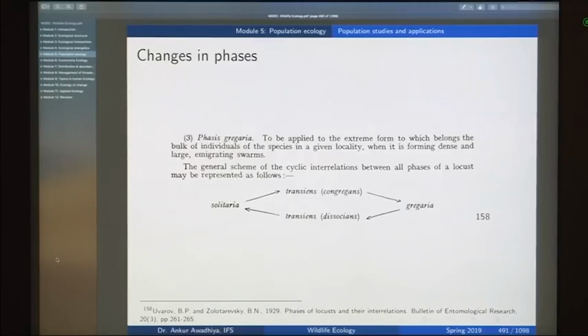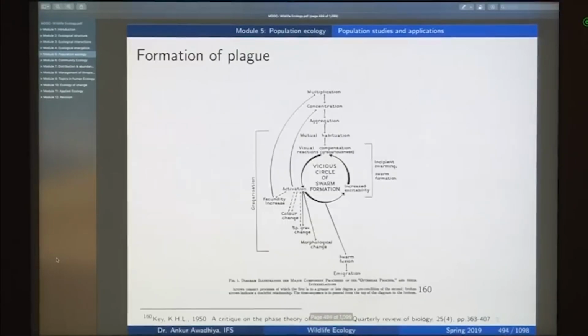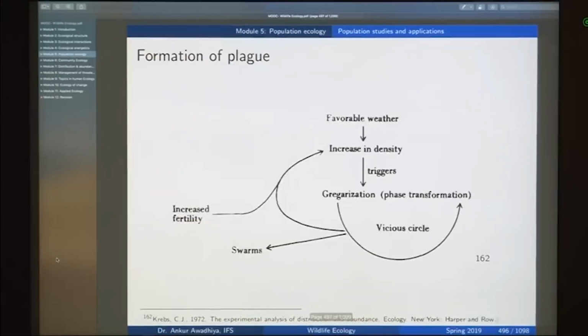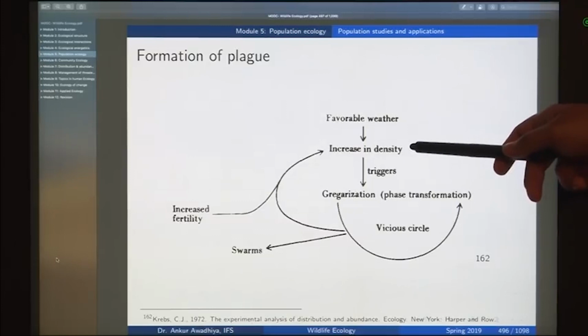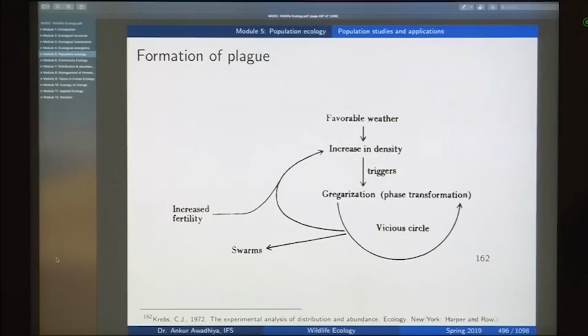And when the population dynamics of these organisms were worked out, we found the formation of a plague, and this is the final outcome: when you have favorable weather, it increases the density of these insects, which then triggers gregarization, in which case the solitary phase converts into the gregarious phase.